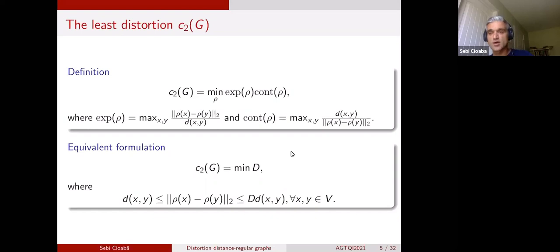So you can go between them. It's not very difficult to show that these two definitions are equivalent. So I will use both of them.